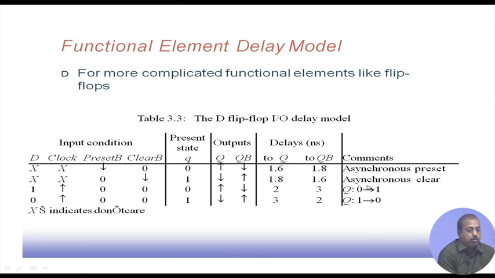So, for the Q 0 to 1 transition, it takes 2 nanosecond for the Q line and 3 nanosecond for the Q bar line, and for the 1 to 0 transition of the Q line, it takes 3 nanosecond and 2 nanosecond for the Q bar line. So, if we have more and more complex logic modules, we can have different types of delays associated with different paths in the circuit.